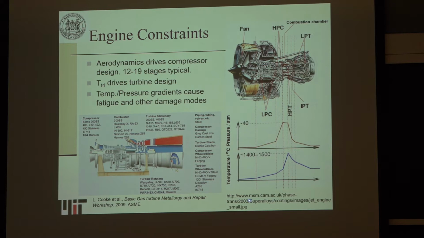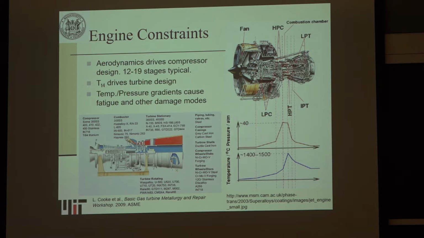But if we're looking at this chart here, what happens is from the various sections, right? As you have the inlet through the fan section, you're at a low temperature and low pressure. As you go through the LPC, the total number of stages between the low pressure compressor and high pressure compressor is typically 12 to 19 stages.